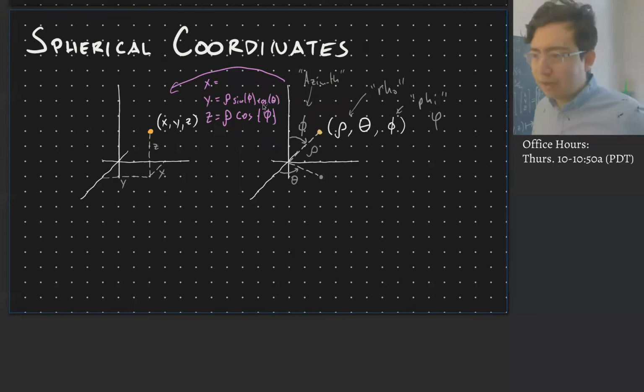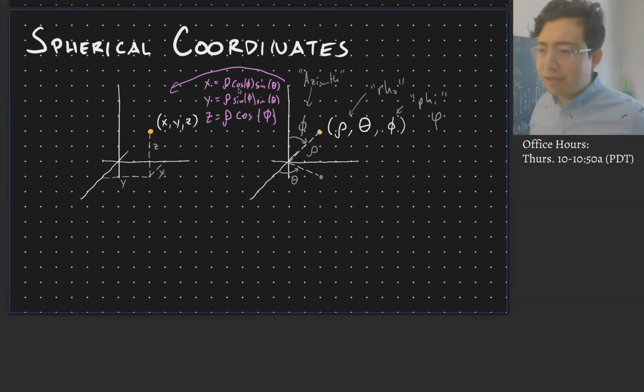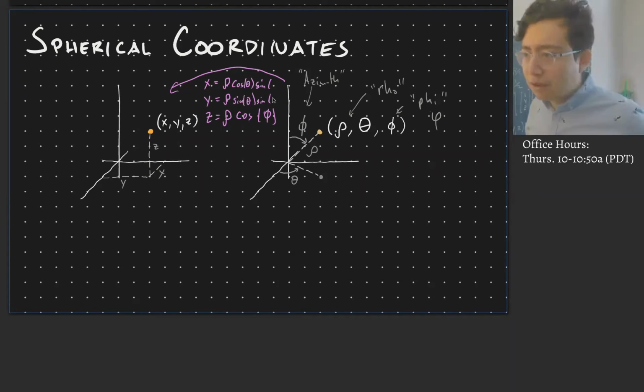Nope, that's sine of theta. At some point I had these pretty well understood in my head, and now I have to double check, mostly so I don't give you guys wrong information. Actually, I think I mixed up my phis and my thetas. I definitely did. So then this is phi, and this is phi.